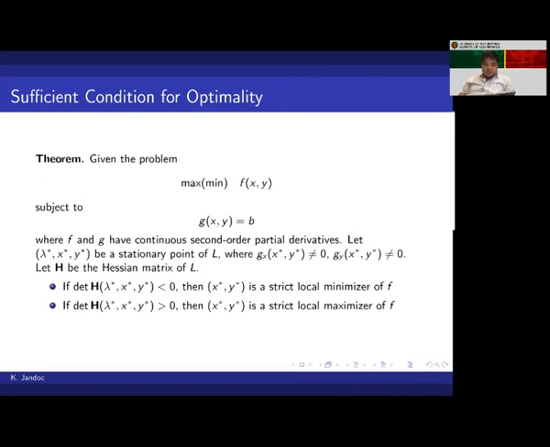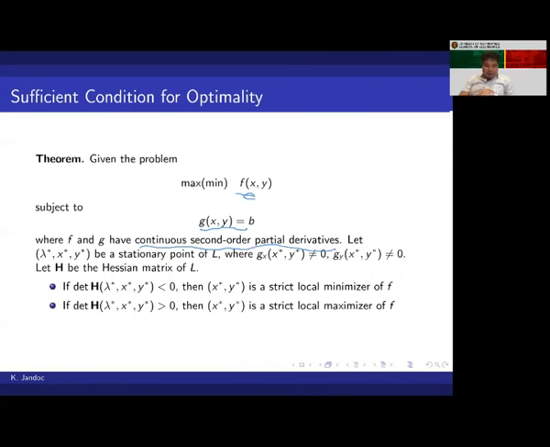So we have the sufficient condition for optimality, which is stated in this next theorem. The theorem says that given an optimization problem, whether you maximize or minimize a function f subject to a constraint g of x, y equals b, and f and g have continuous second order partial derivatives. This is important.